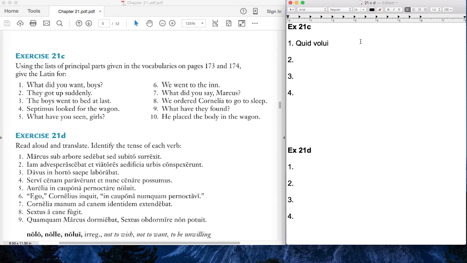Now, you plural, since the boys are being spoken to, not one boy but two boys, that's second person plural. So the way this works is we're going to chop off the i over here. This form right here, volu, is now called the perfect stem. I'm going to put a dash onto that just for a second. And then the second person plural of perfect tense, the ending is istis.